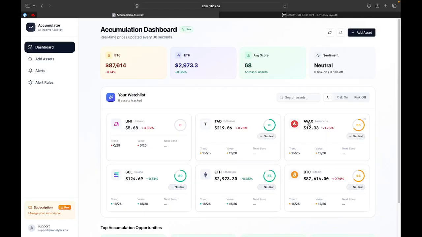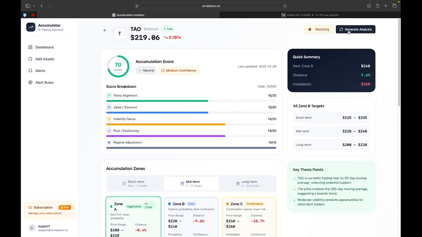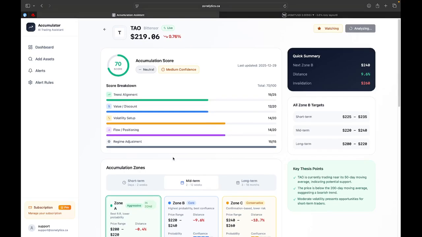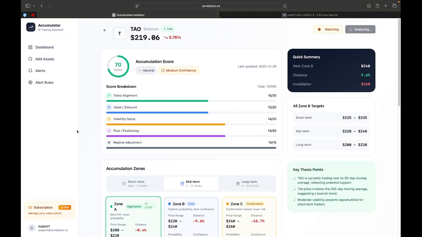Okay, so I already kind of did a score based on some of these, but it's good to refresh them and update them every so often because it'll even tell you last updated. Let's see what we got for Tau.